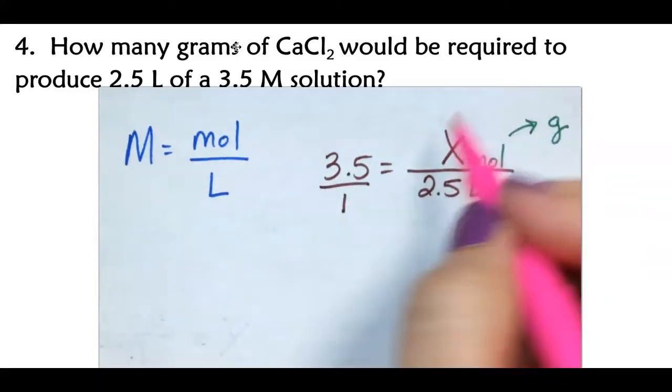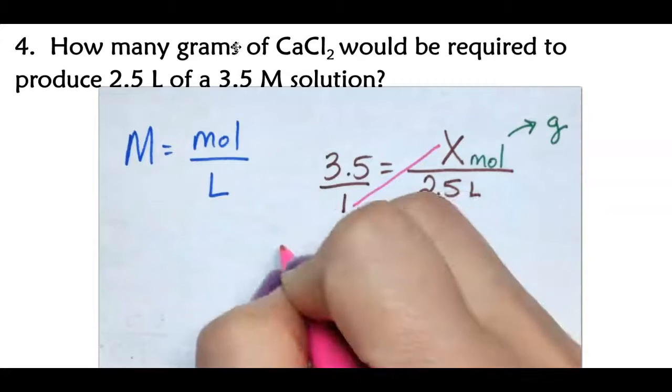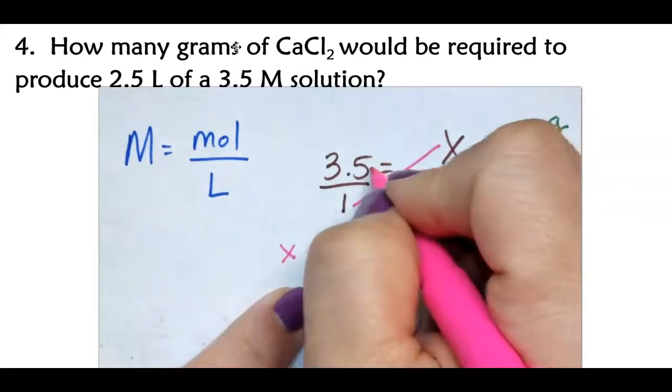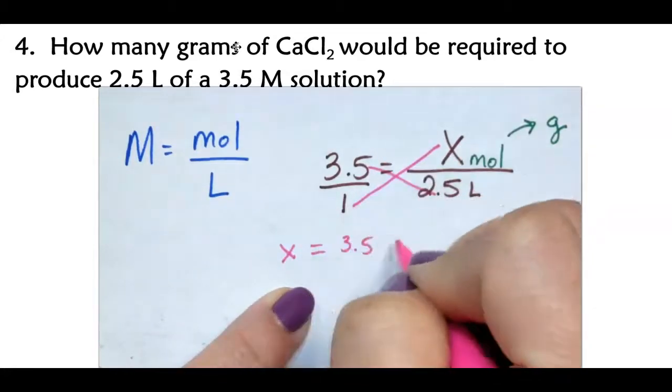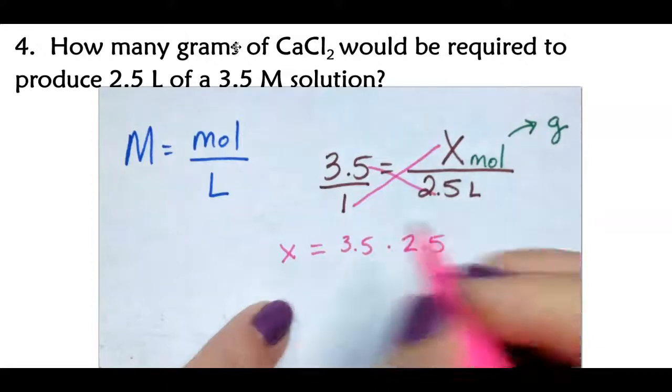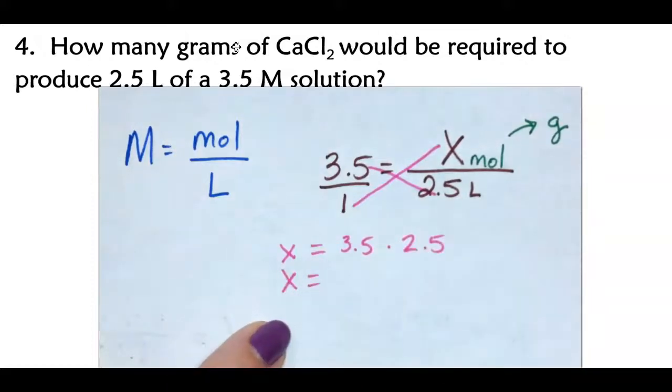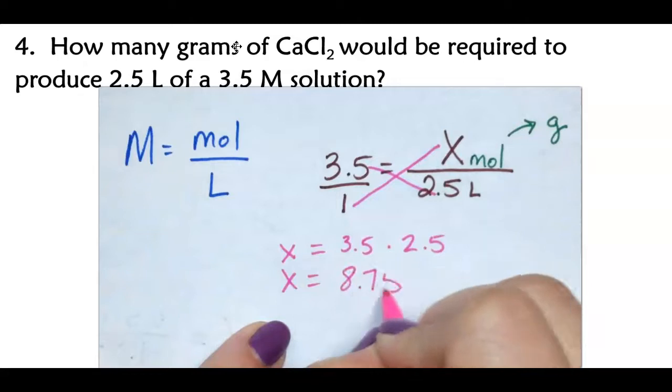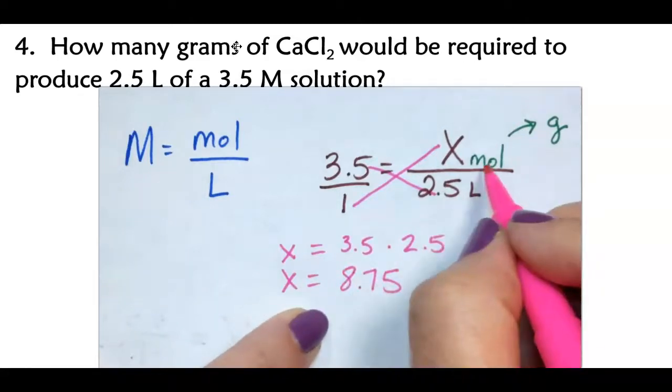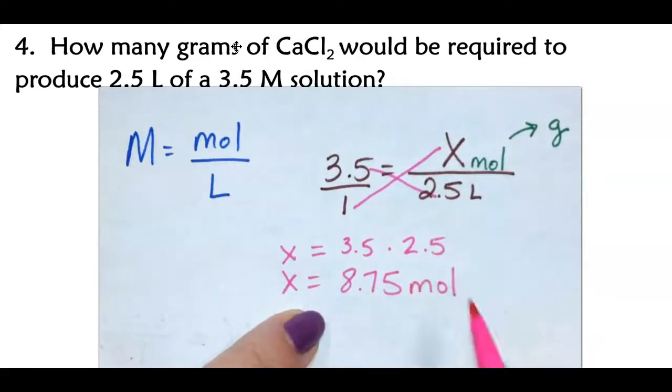And so that's going to look like this. X times 1 is x equals 3.5 times 2.5. So x is equal to 8.75. And that is moles, because what we're solving for is the moles in this problem.